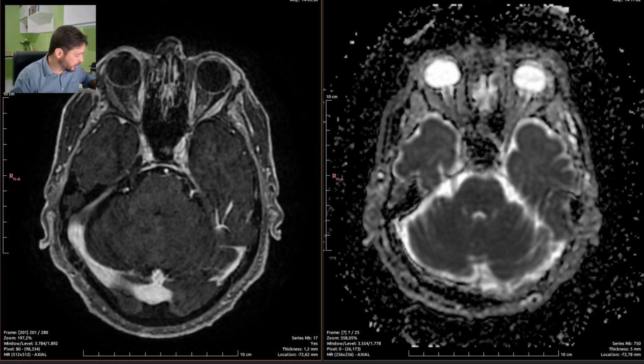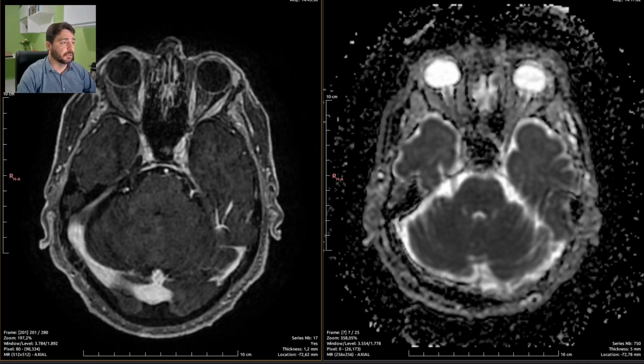I'm just going to summarize the scan now. And it's done. It's a common follow-up of a stroke patient, nothing major.